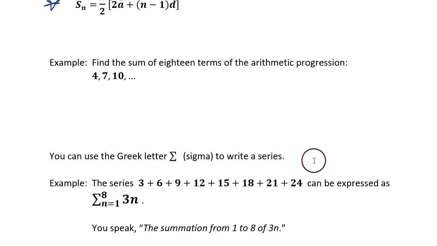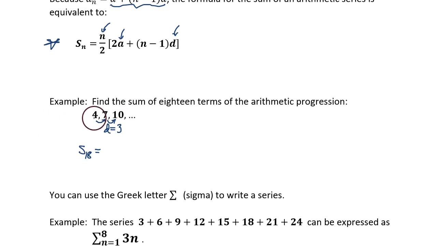Here's an example problem. Find the sum of 18 terms of this arithmetic progression. Notice that the difference between terms is 3. So d equals 3. We want to find the sum of 18 terms. In symbols, that's S sub 18. Well, which formula should we use if we know the first term and we know the value of d?